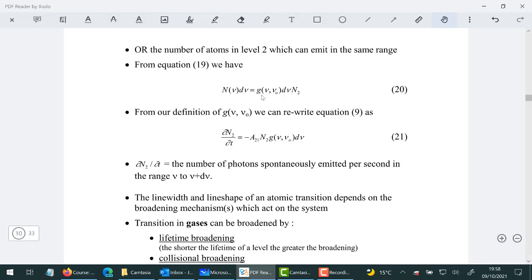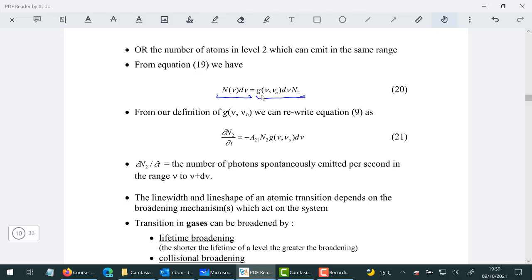So from the equation that we had above, we've got that n of nu d nu is equal to g times N2 d nu. And obviously as we make approximations, the d nu value for the input signal is going to become vanishingly small.